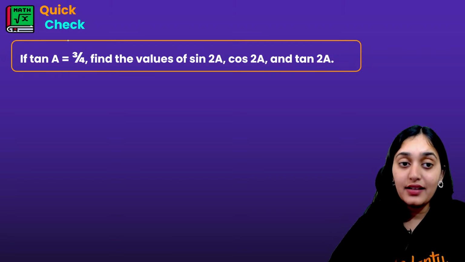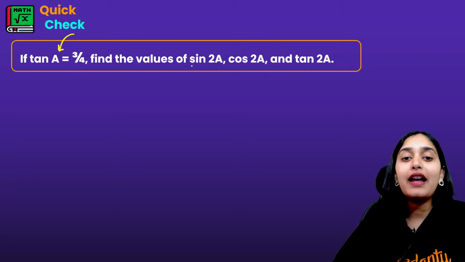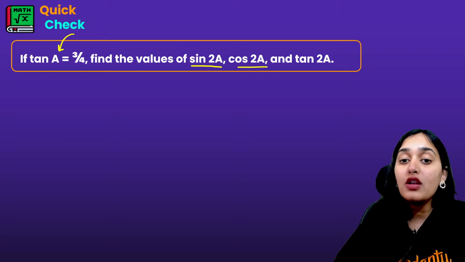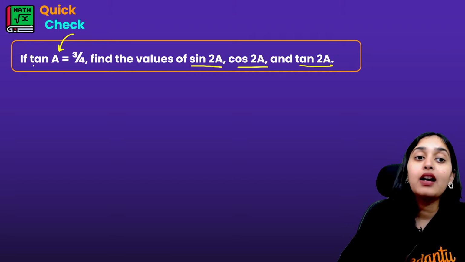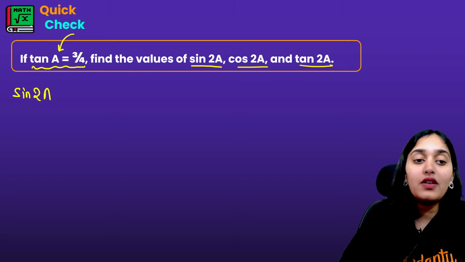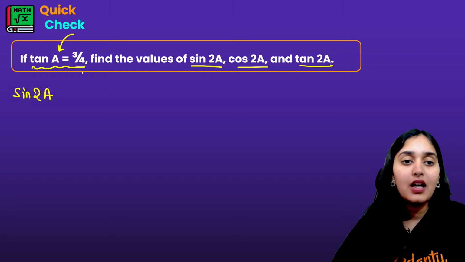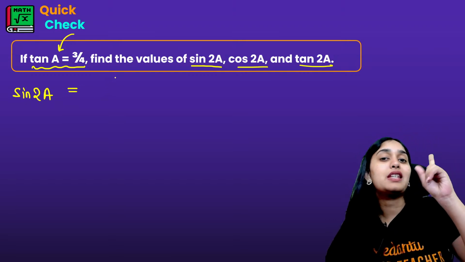Suppose it is given tan A is 3 by 4. Find the value of sine 2A, cos 2A, tan 2A. How will we do that? Now I know the value of tan A, right? So if I know the value of tan A, what will be sin 2A? Sin 2A formula, just now we have seen.